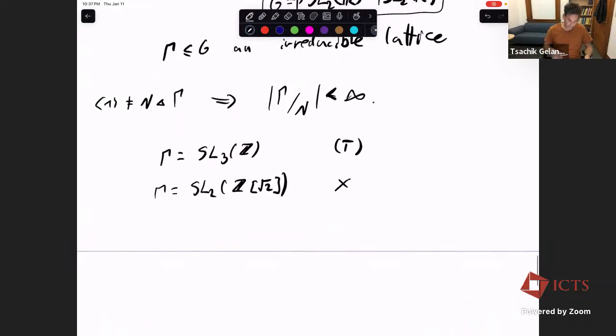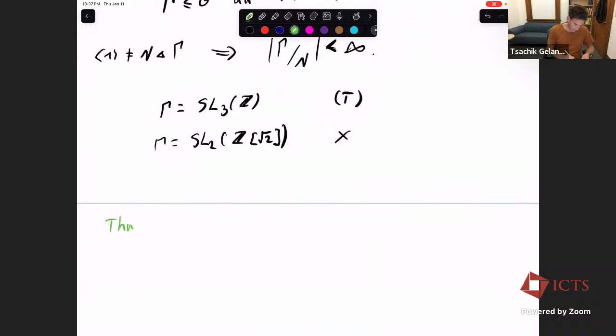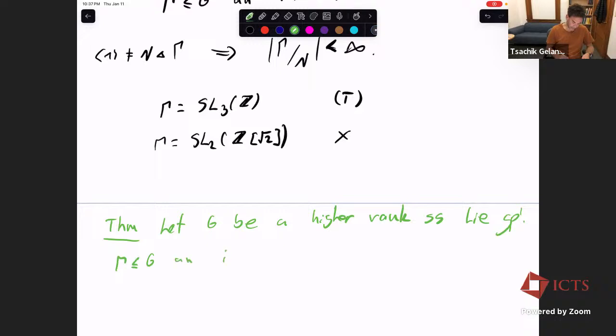And what we were able to prove is, okay, so we actually proved the following. Let me give the statement. Let G be a higher rank semi-simple Lie group, and gamma in G an irreducible lattice, like for instance SL3 of Z square root of 2. So the theorem applies to that group.